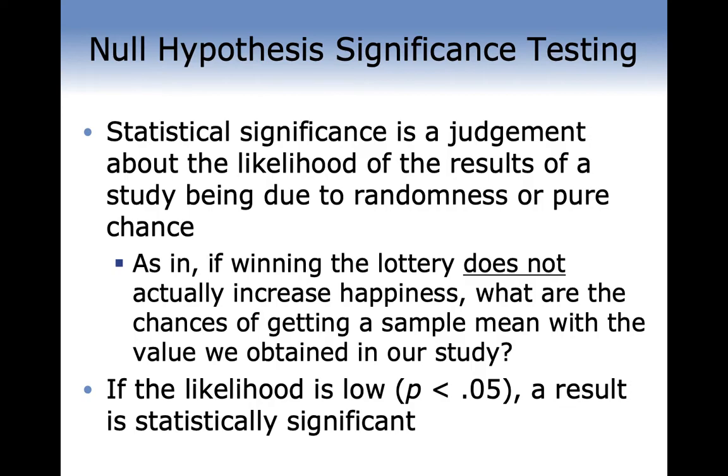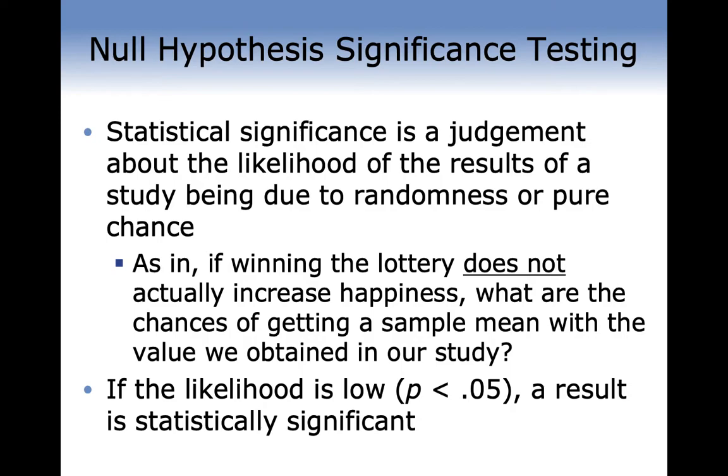If our starting place is that winning the lottery doesn't increase happiness, and now we take a sample of lottery winners and they seem to have a sample mean that seems very, very high, so high that it just seems not probabilistic.